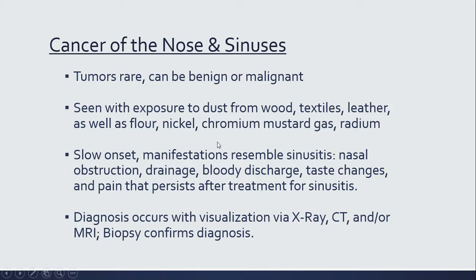If these are the common exposure triggers or things that could cause the cancer of the nose and sinuses, how are you going to know if they've been exposed to this? You've got to ask them. Occupational history, huge occupational history. Just your basic health history, but make sure that occupational history is a huge component of that.